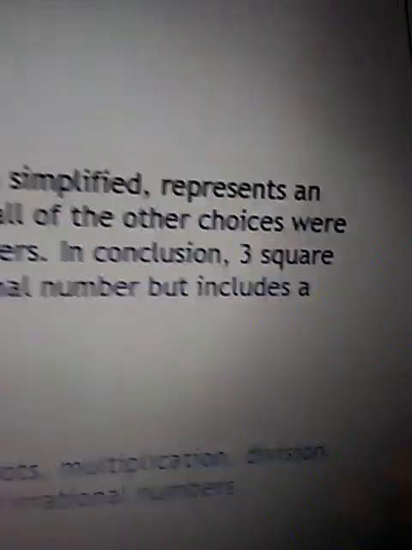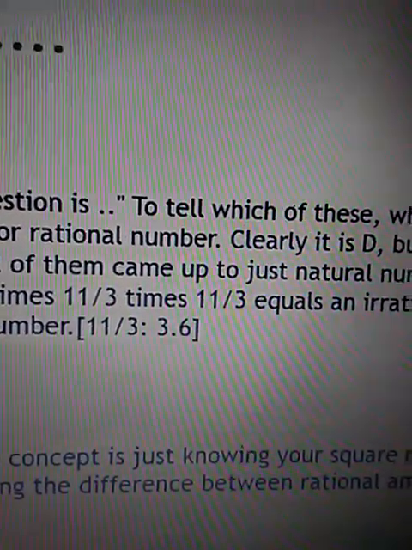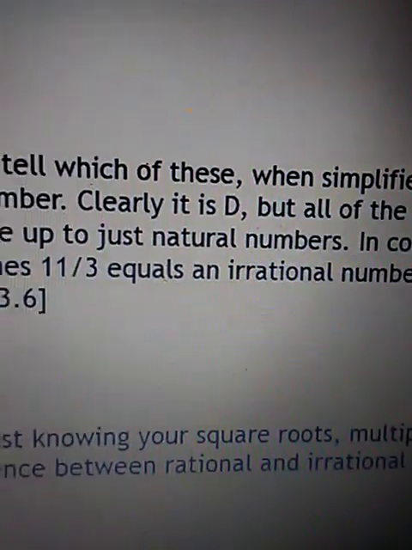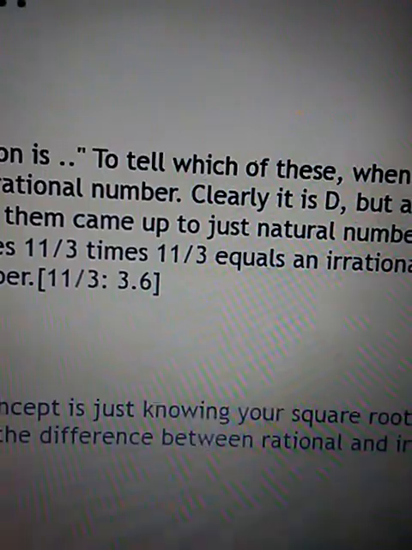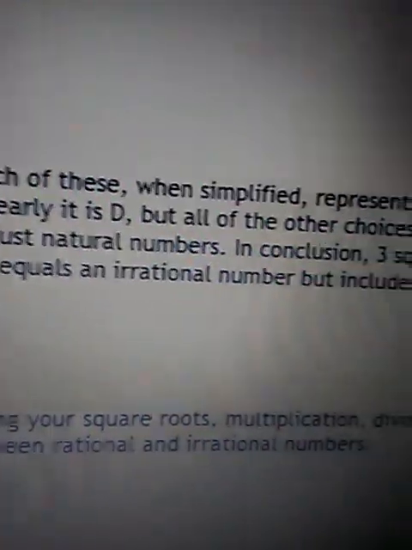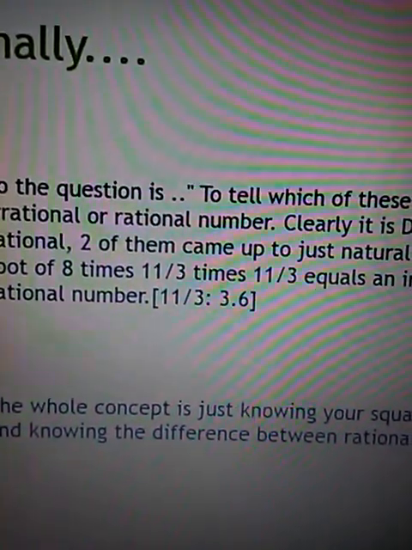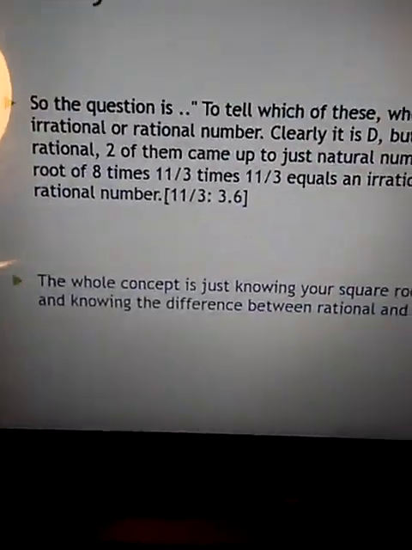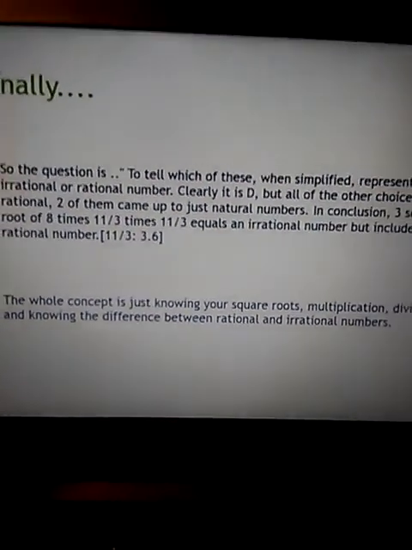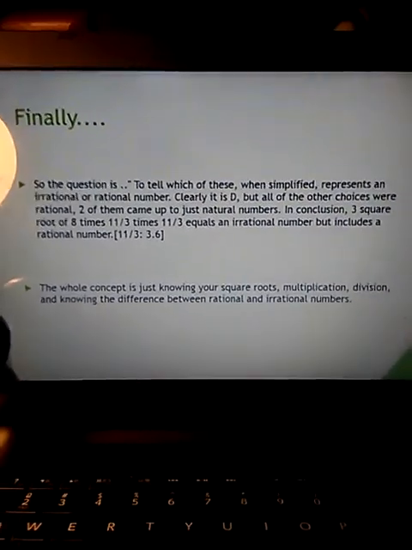In conclusion, 3 square root of 8 times 11 over 3 equals an irrational number. 11 over 3 is equal to 3.6 repeating. So the whole concept is just knowing your square roots, multiplication, division, and knowing the difference between a rational and irrational number.